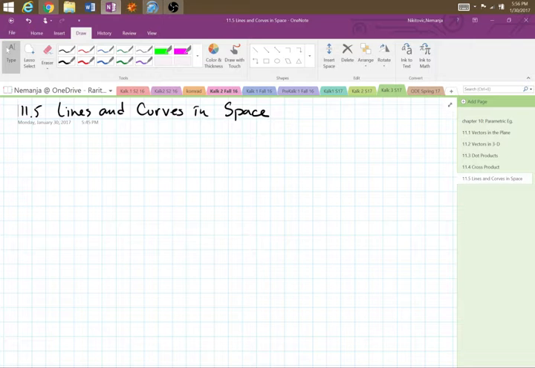So technically what we are going to define is something called a vector valued function, and that is actually going to be a vector of parametric equations for 3D, right? Well, 2D first and then 3D. So vector valued functions, we start there.